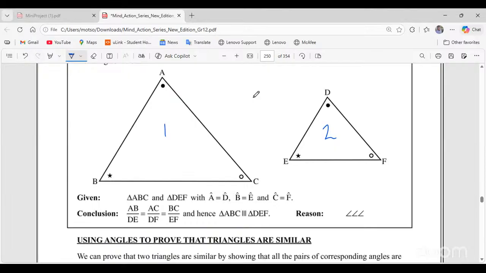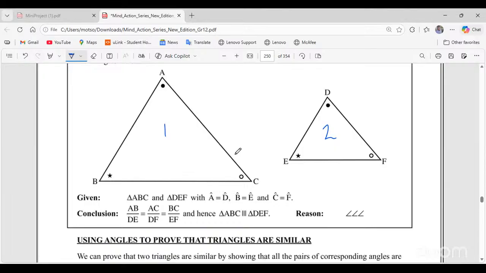We make some ratios. This, which is AB over DE, will be equal to AC over DF, and BC over EF will be equal to those equalities. Why do we say that? Oh, we are talking about a similarity. What is the reason?